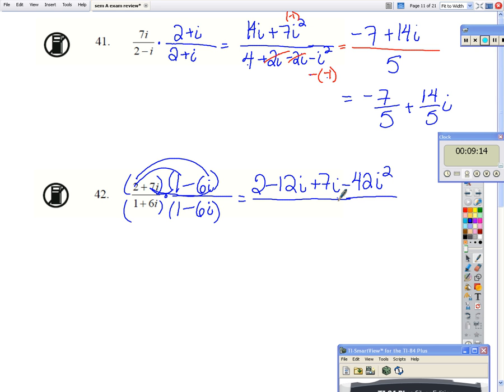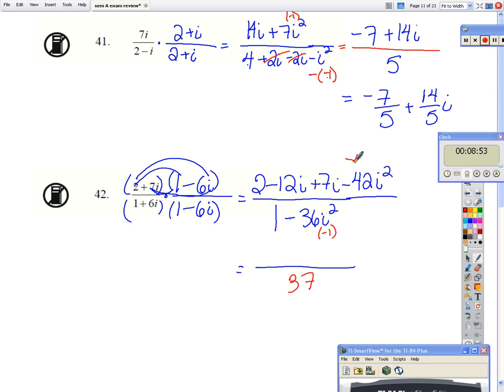And on the bottom, I'm going to have 1 minus 36i squared. So i squared again is negative 1. So this is 1 minus, these multiplied will become plus. So 37 is my denominator.